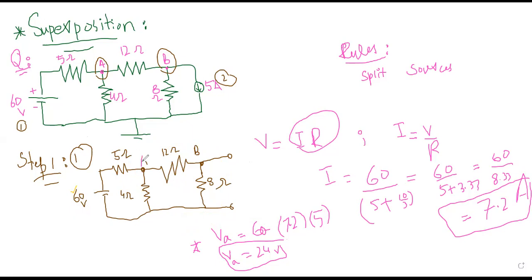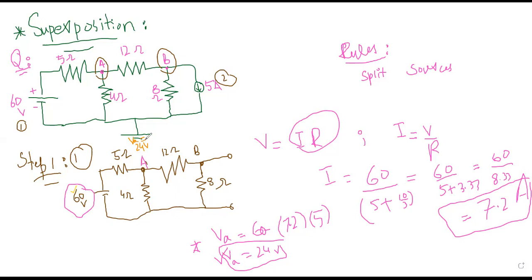So this is my point A, and the value of voltage at point A is 24. This means that the battery source supplies voltage at 60 volts, and here at point A it decreases to 24 volts. So VA is 24 V. Also I have to realize each and every point.